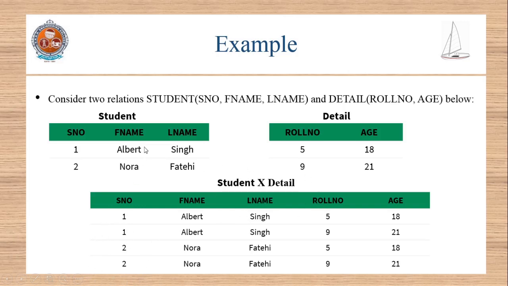Means if we have m tuples in the left hand side relation, that is student, and n tuples in the right hand side relation, that is detail, the cardinality of the output of this Cartesian product will be m cross n.